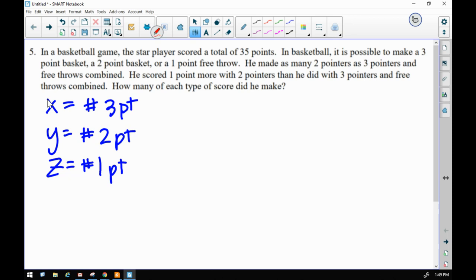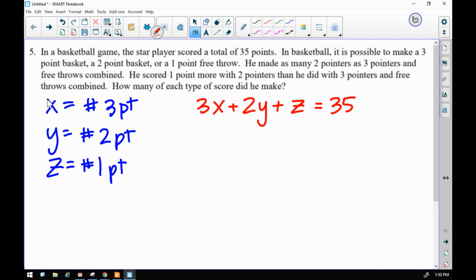He's gonna get 3 points for every 3-point basket, plus 2 points for every 2-point basket, and 1 point for every 1-point basket, to give him his total number of points, which was 35.